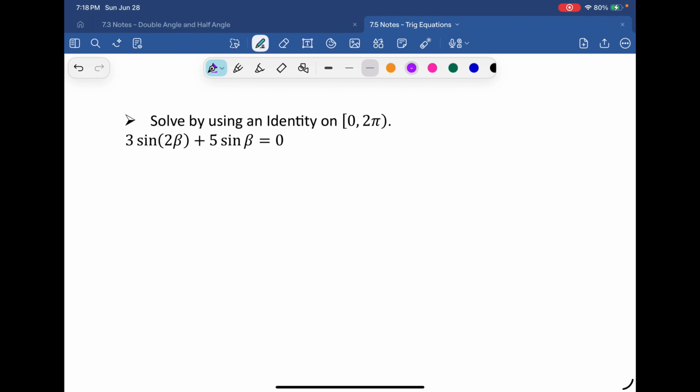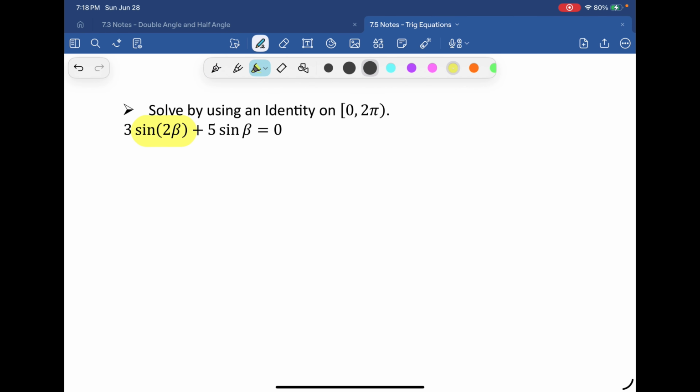All right, last one. I've got 3 sine 2 beta plus 5 sine beta equals 0. We're going to use an identity here. We're going to use double angle for sine. So double angle for sine is 2 sine cosine. Original 3.